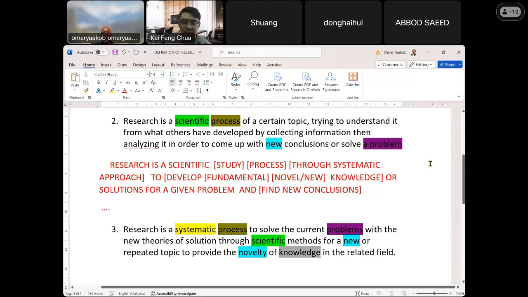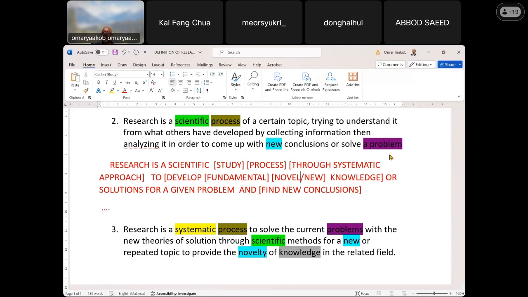Come on, Nurujana, are you here? Hello, Prof. Yeah, Hafiza here. Hafiza, okay. I think I agree with the statement because research isn't just about solving immediate problems.